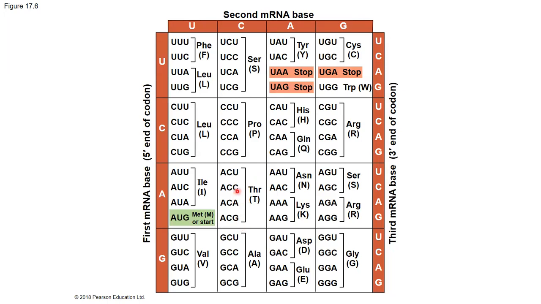Threonine, 2 different codons. Okay. One of the codons, AUG, is called the start codon, which also specifies the amino acid methionine. And 3 codons do not specify an amino acid. They are called stop codons. Okay. We will learn about these codons, inshallah, later on, maybe tomorrow. So let me stop.